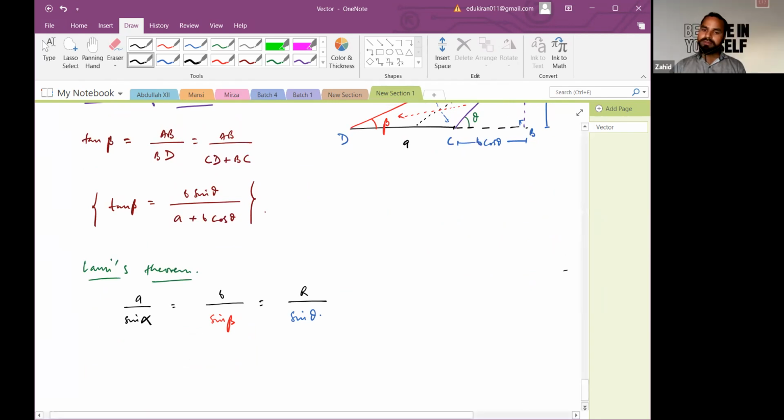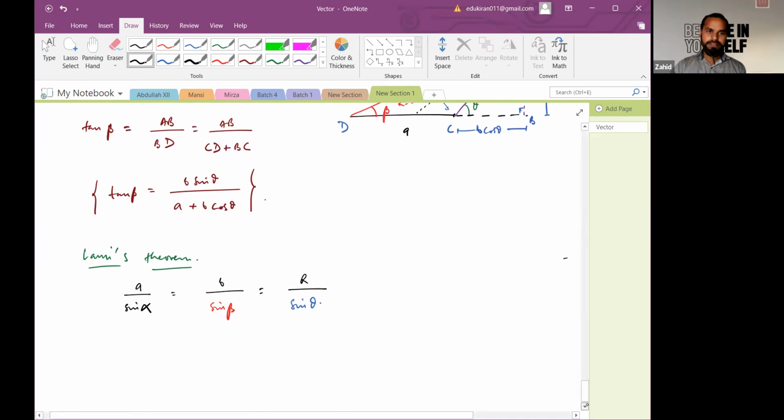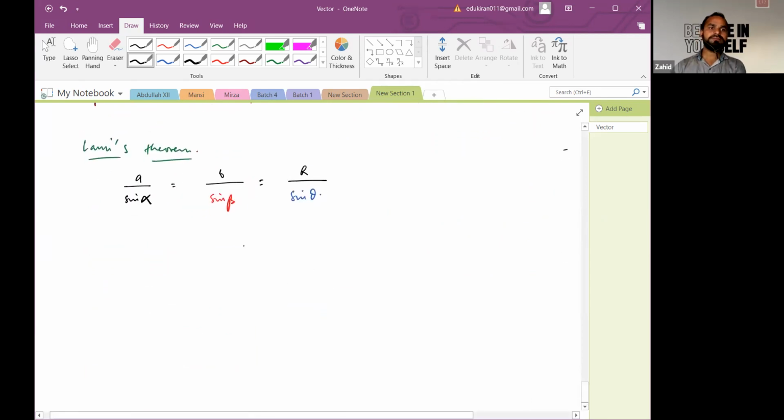Now, this is all about how to calculate resultant. I'm giving you one more relation. If R is equals to A plus B, then if you want to calculate magnitude of this R, it will be root under A square plus B square plus 2AB cos theta.